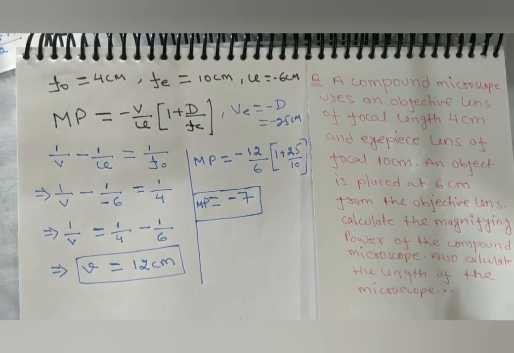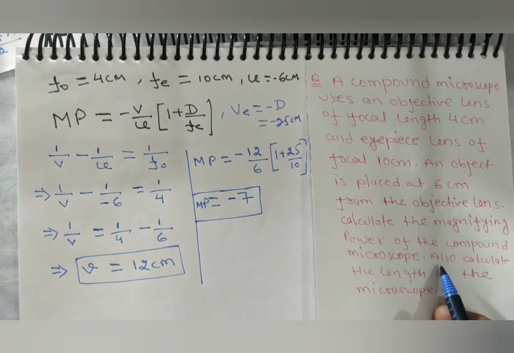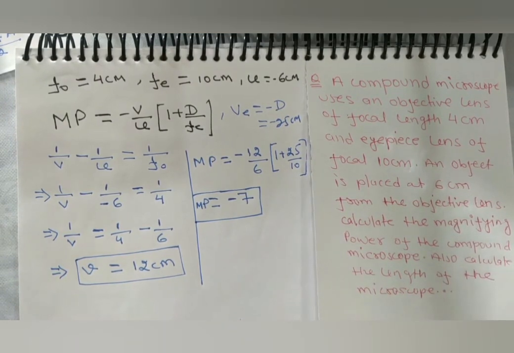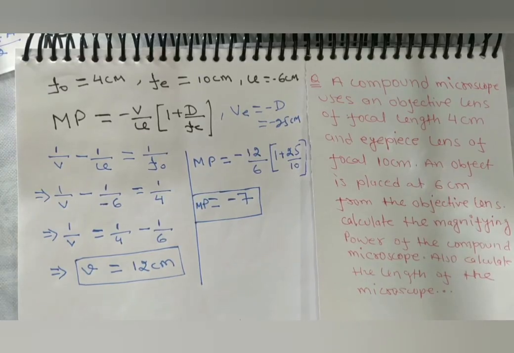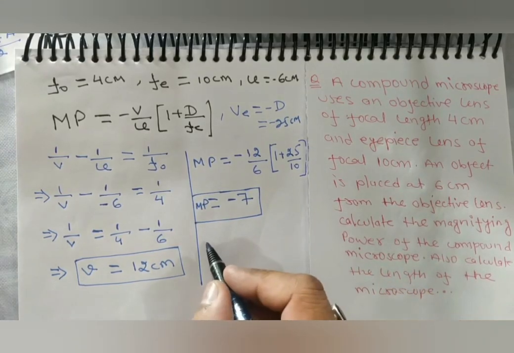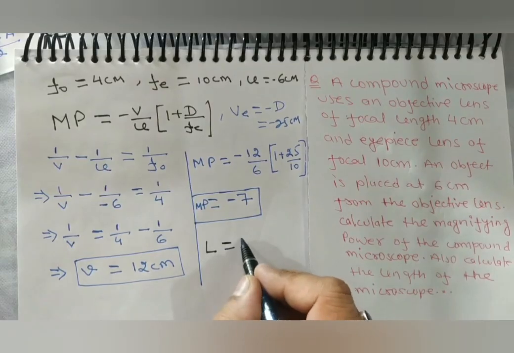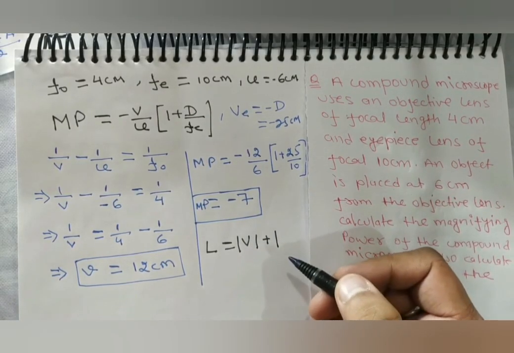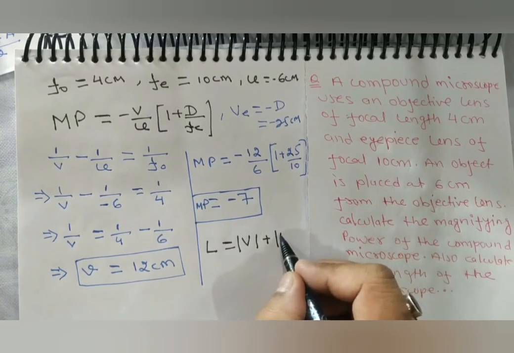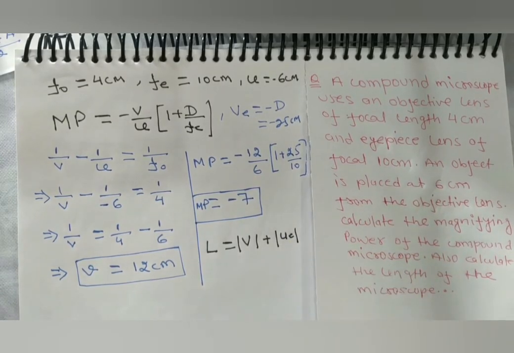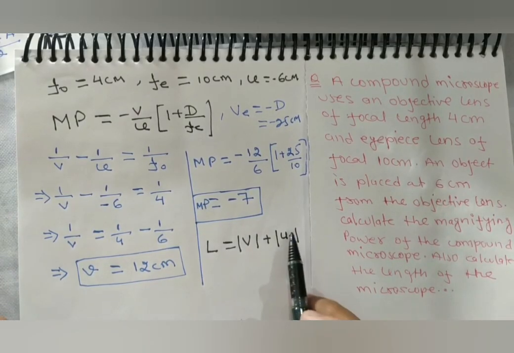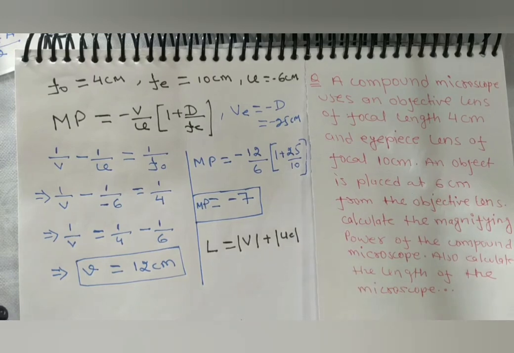Good. Now in the next section it is said also calculate length of the microscope. Length means tube length. In fact they are asking tube length, and we know that tube length is V plus UE. V plus UE is the tube length. We know the V. If we calculate UE, then we can get the tube length.